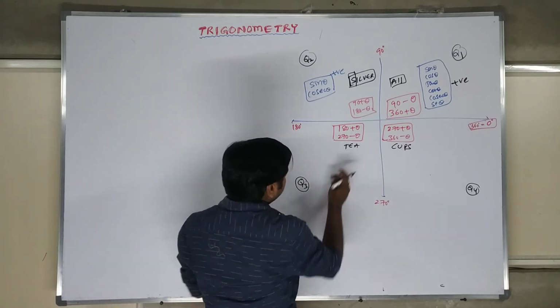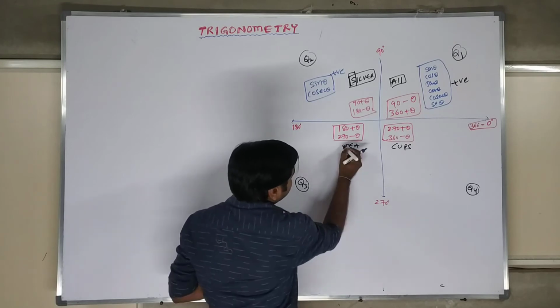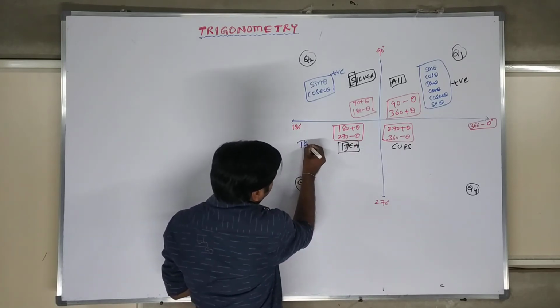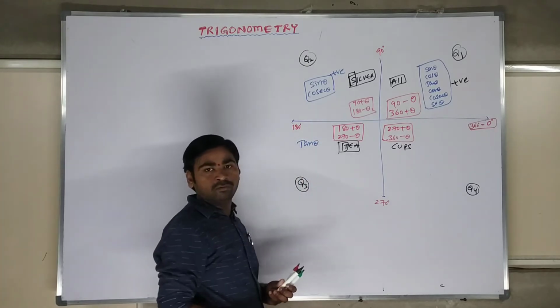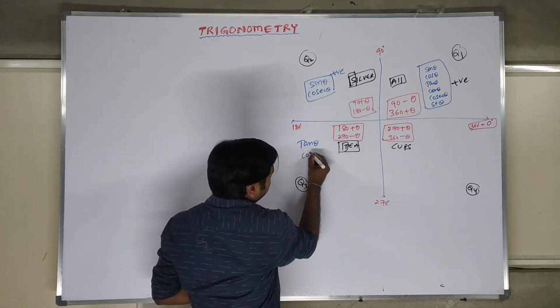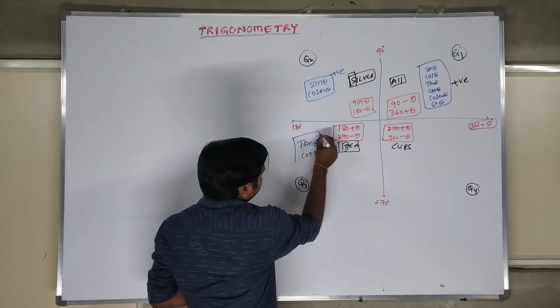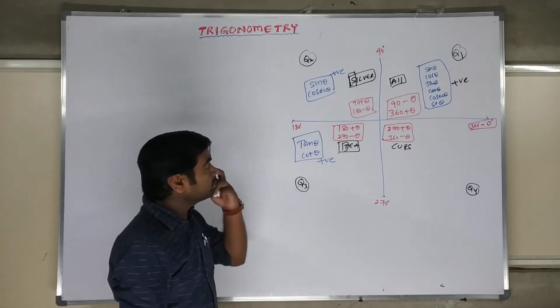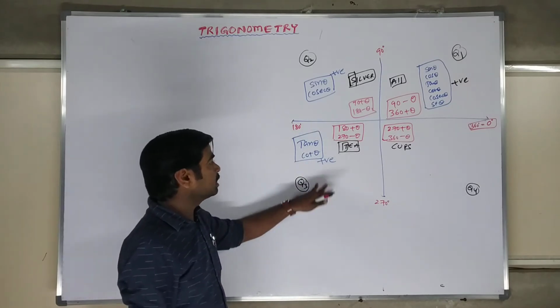Next, Tea Cups: T stands for tan theta. Its reciprocal is cot theta, 1 by tan. So tan theta and cot theta are positive, and the rest are negative: sin, cos, cosecant and secant theta are negative in this quadrant.